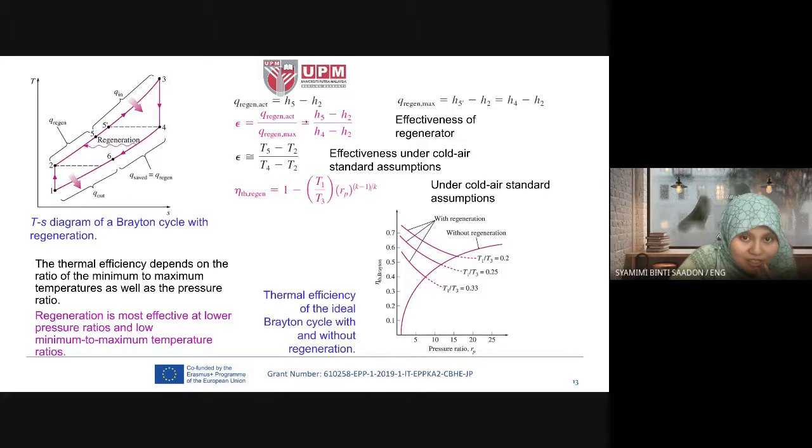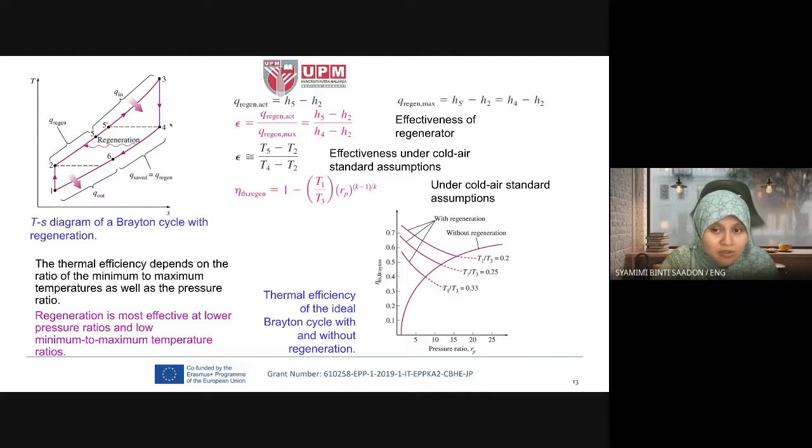This is the actual H 5 to 2, the actual regeneration process. The maximum is 4 to 2: if the effectiveness of the regenerator is at maximum, 100%, we can use all the heat from the exhaust gas at point 4 to heat up the working fluid air from 2 to 5.